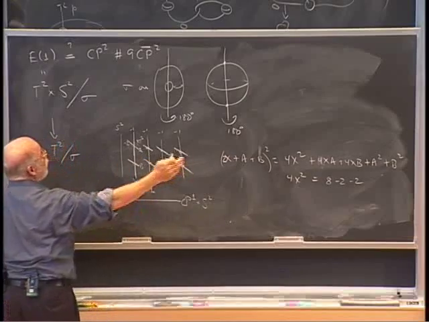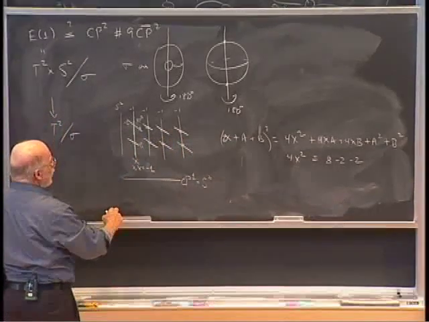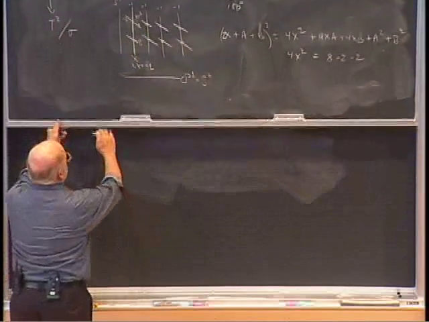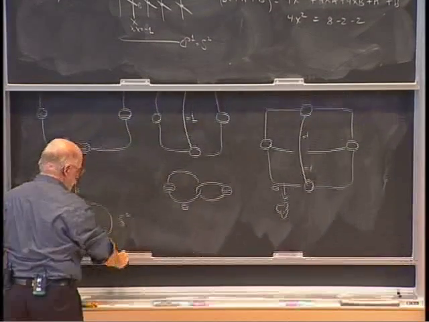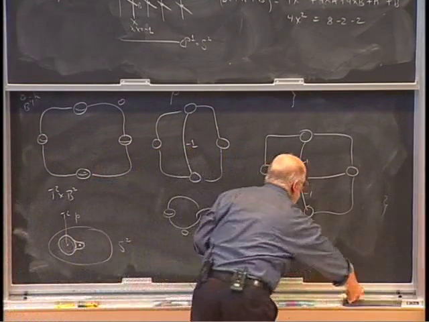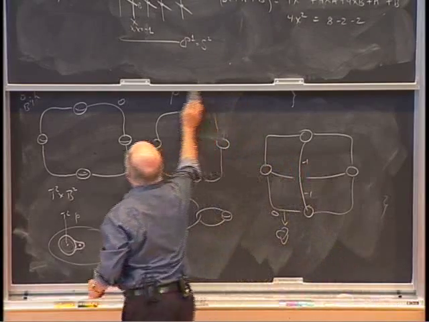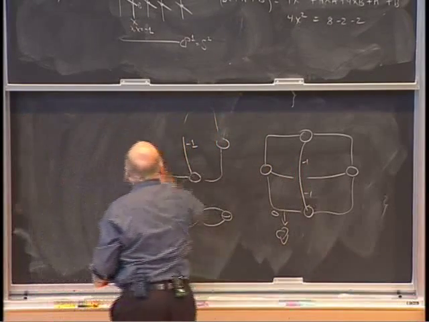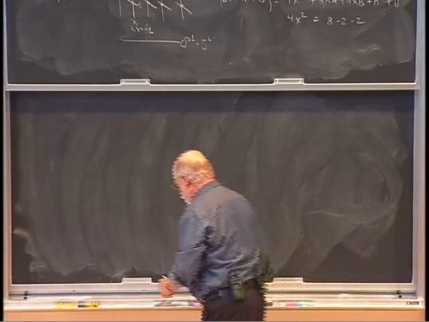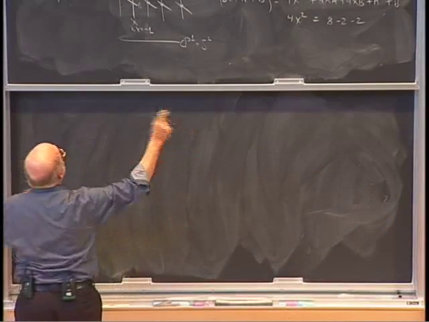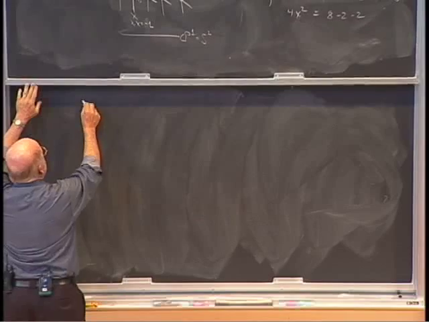So you split off 4 of those. And after you blow them down, the minus 2s become minus 1s by whatever we've done over there. So when you finish blowing down, you have this picture.